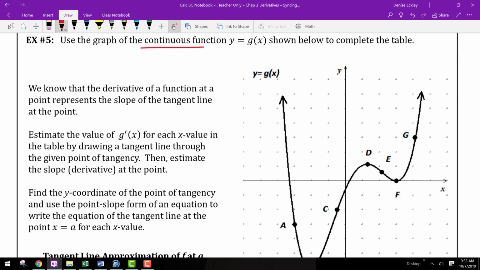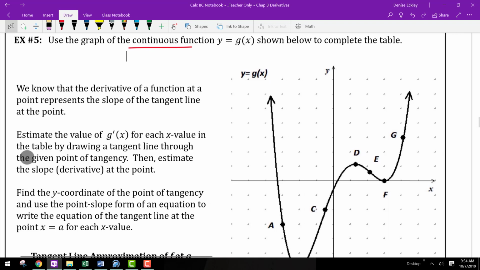If we estimate the value of g prime for each x value in the table by drawing tangent lines through the given point of tangency, then estimate the slope of the derivative at the point. Then we're going to find the y-coordinate of the point of tangency, and use the point slope form of the equation to write an equation. Okay, so that's a lot.